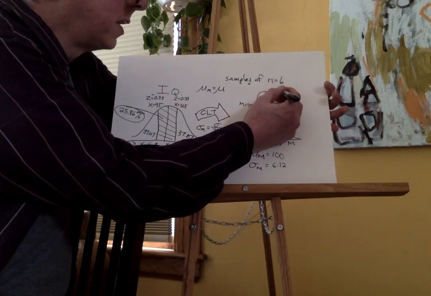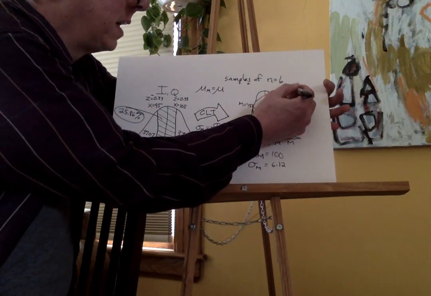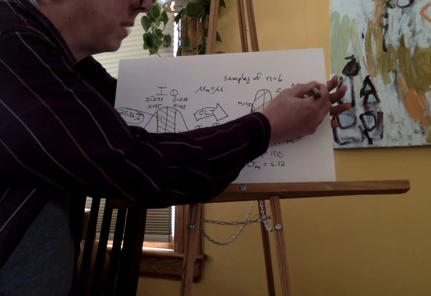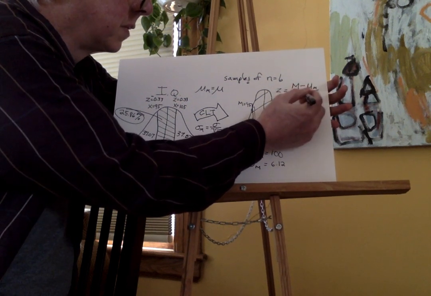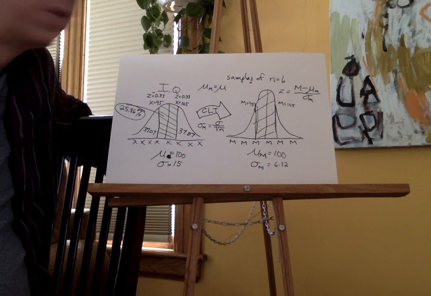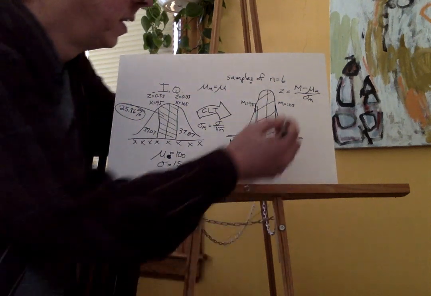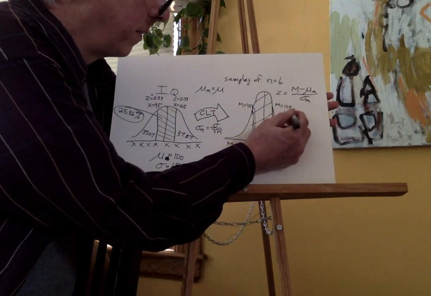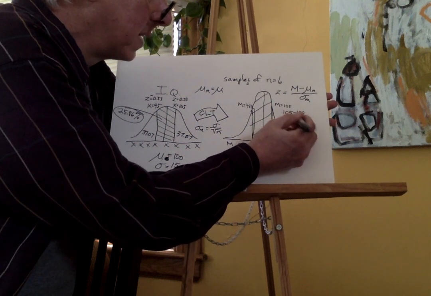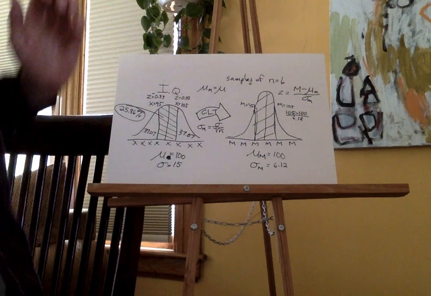So here our z-score is the mean for our sample minus the mean for all of the samples divided by the standard deviation for all the samples. Pretty good. So that's 105 minus 100 divided by 6.12. Let's see what that is.